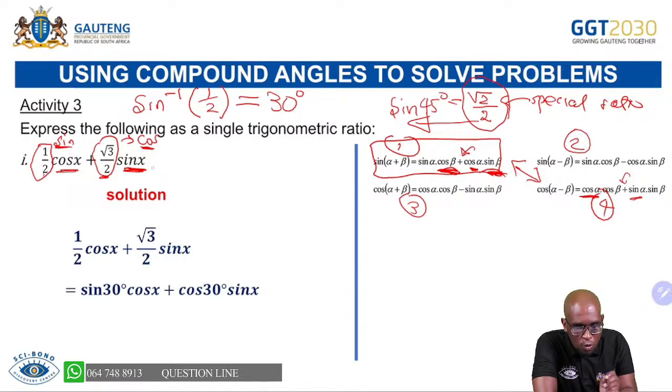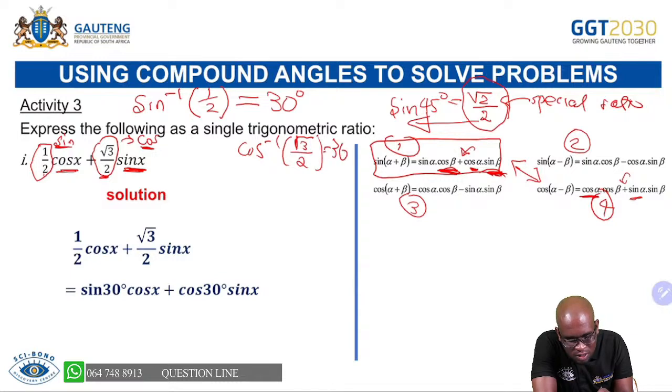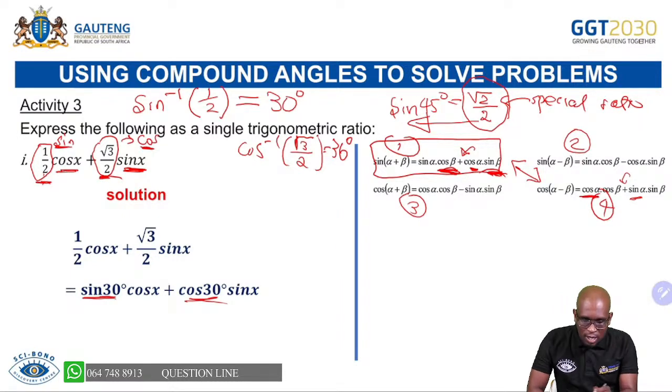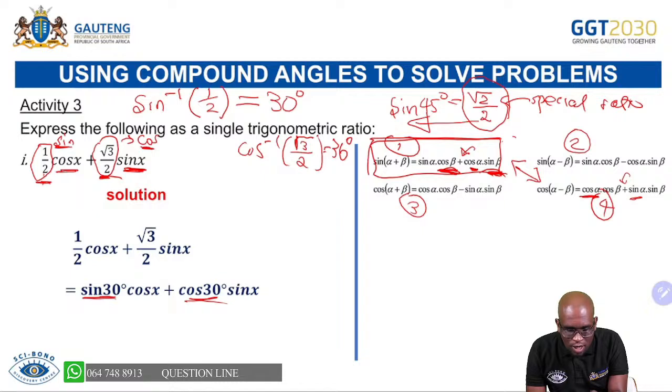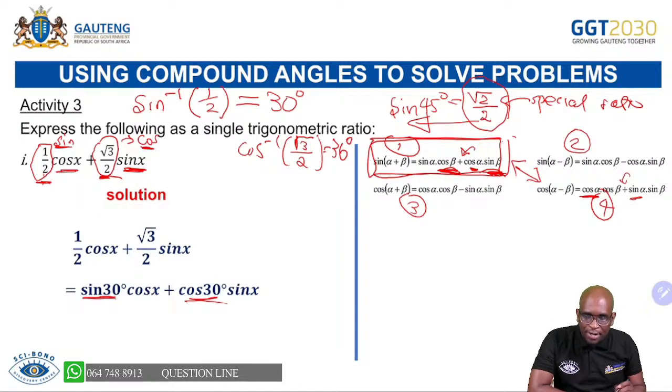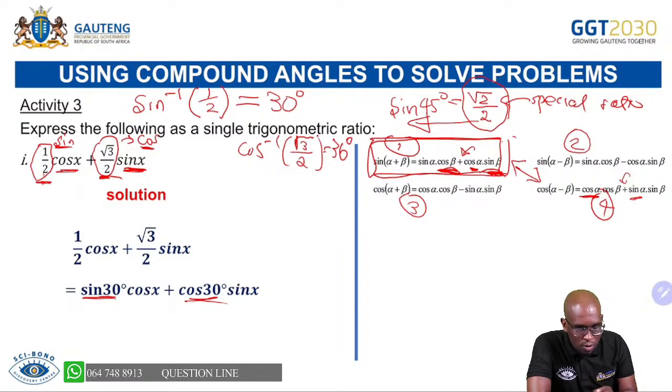So you know that if you have the inverse of cos of root 3 over 2, this gives you 30 degrees, which means that we can write down half as sine 30, and root 3 over 2 as cos 30. Since we are using equation 1, we're going to write this as a single trig ratio, sine cos, cos sine.